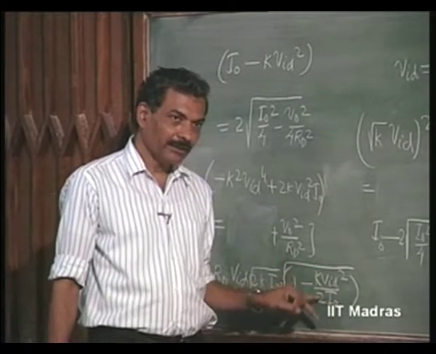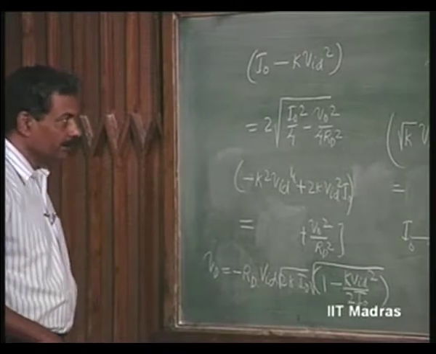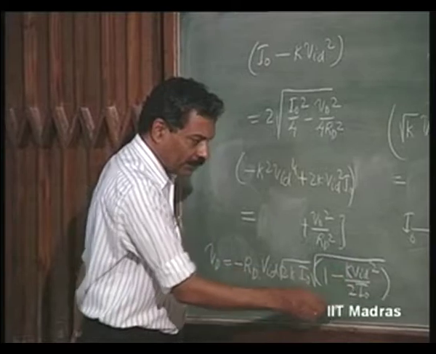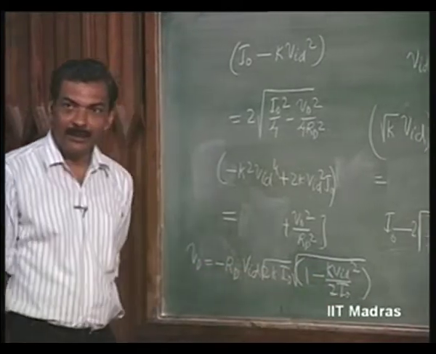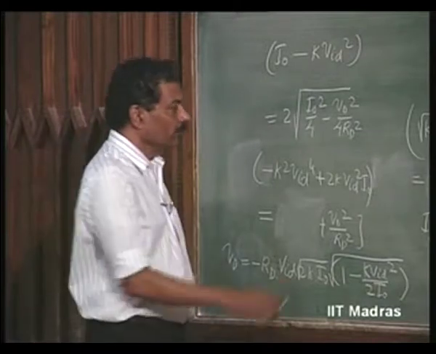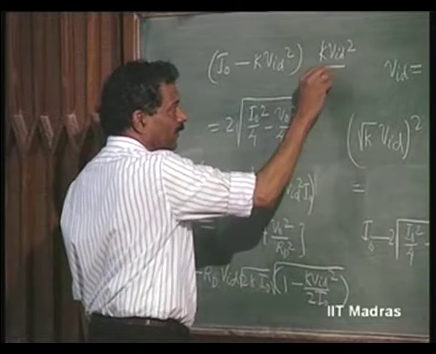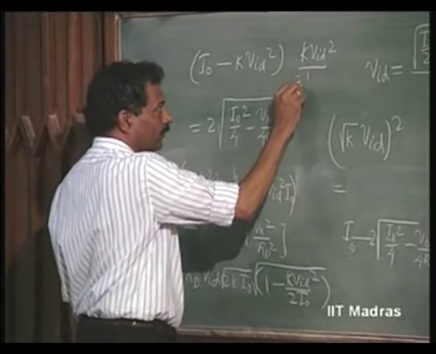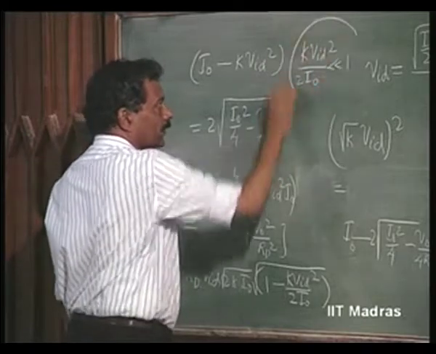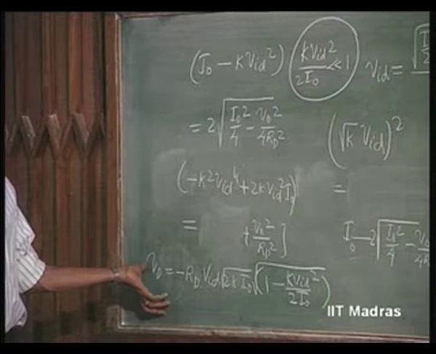In order that it is perfectly linear, now we get an important factor regarding distortion. K into VID squared divided by 2 I naught should be much less than 1. This is going to be small signal, then it is perfectly linear.